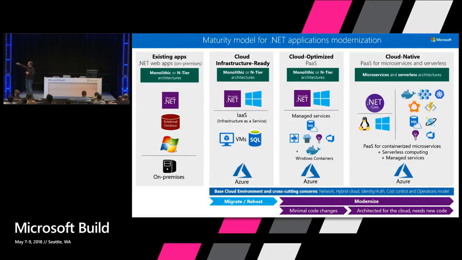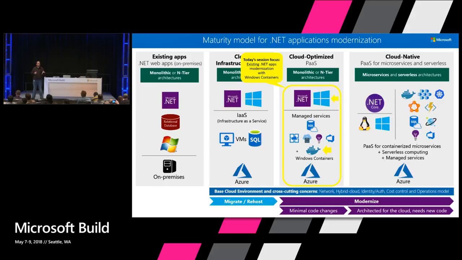Here you can see kind of the same maturity levels, but with different technologies. So if you just migrate with VMs, you're talking about just VMs in Azure, or SQL VMs as well, and so on. And in here, we are also talking about other products, other technologies like Docker.